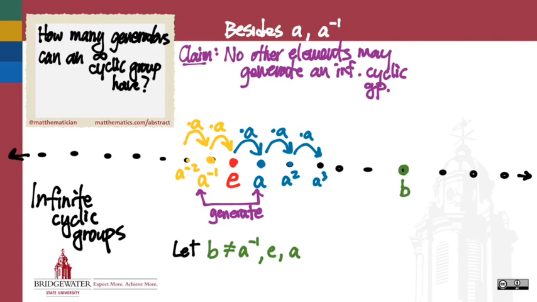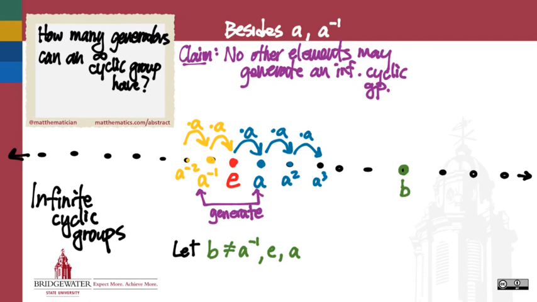So let B be neither A nor its inverse nor the identity. And I want to know, what does B get to generate? Can B generate the whole group? Let's think about this number line model for a second. What does B look like in my picture? It looks like it's A to the 2, 3, 4, 5, 6. It looks like A to the power 6, right?